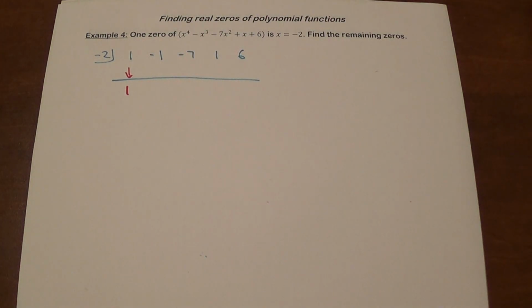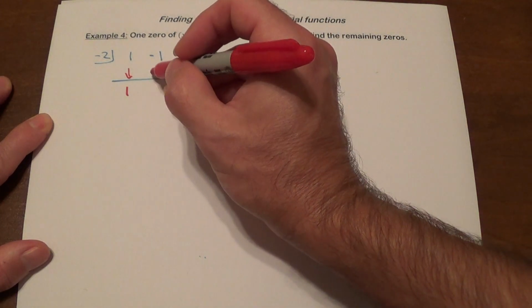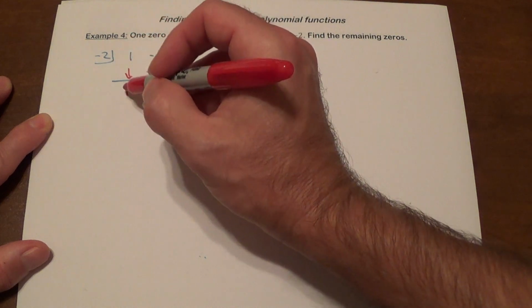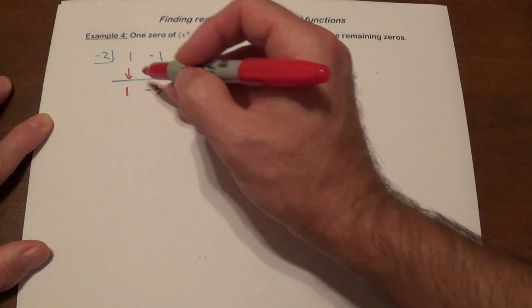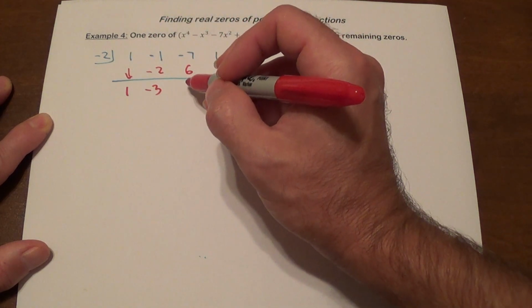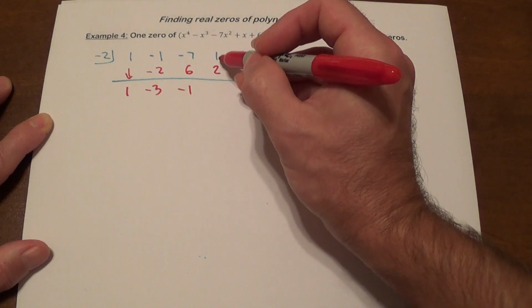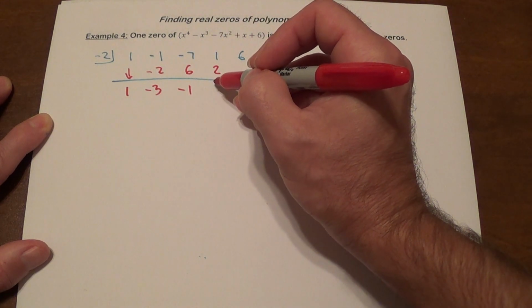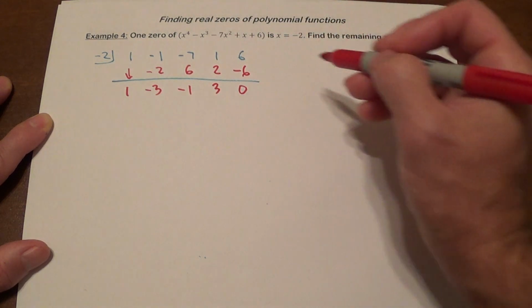And then we continue with this. So negative 2 times 1 is negative 2. That's going to be negative 3. Negative 2 times negative 3 is 6. And then negative 7 plus 6 is negative 1. Negative 2 times negative 1 is 2. 1 plus 2 is 3. Negative 2 times 3 is negative 6. And we have 0. Okay.